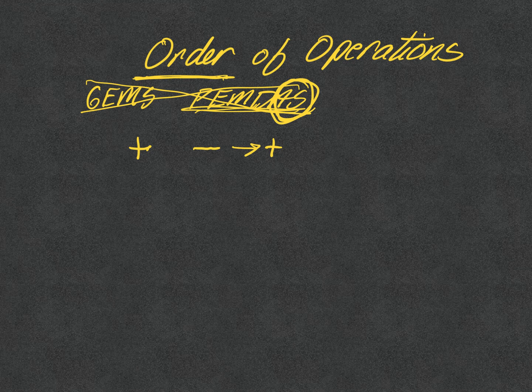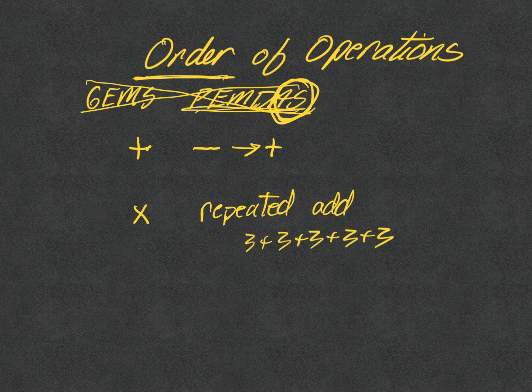Now, why would we do it last? Well, what is multiplication? First of all, multiplication is repeated addition. So if you were to have 3 plus 3 plus 3 plus 3 plus 3 and change that to 5 times 3, what you're doing is you're making the hierarchy, you're saying this is a repeated addition, so we're going to do all of them first before then we might add the 7 to the 3.